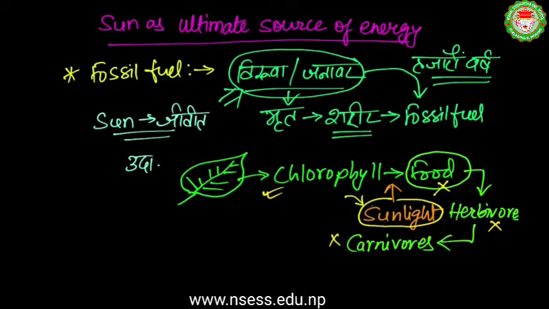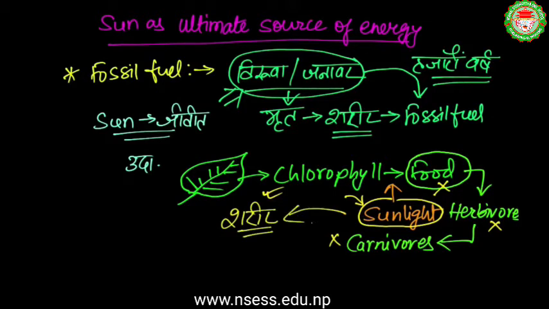So if all these plants and animals, if life was not possible, then there would not be any bodies for the formation of fossil fuel in the absence of sunlight. And if there were no fossil fuels, that is the result if there was no sun.